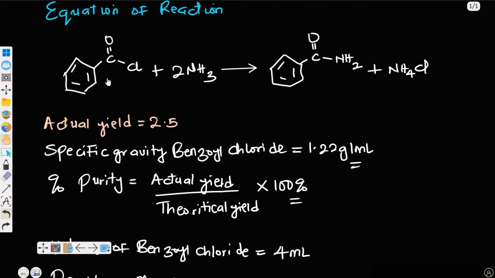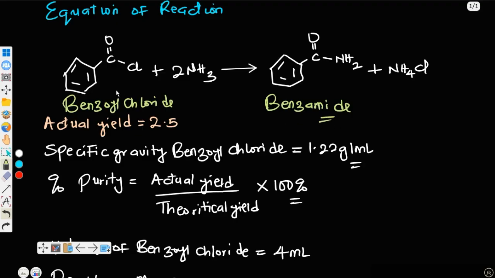Now see the equation of reaction. The mole ratio for benzoyl chloride to benzamide is 1:1. So this is the benzamide you are looking for. Since the mole ratio is 1:1, it means 1 mole of this gave 1 mole of benzamide.